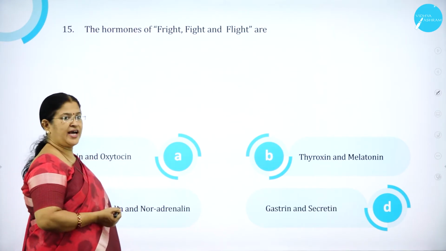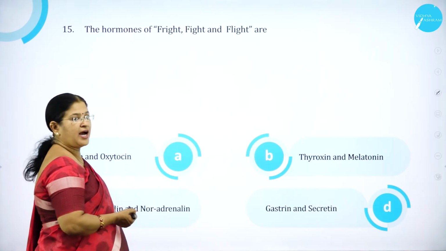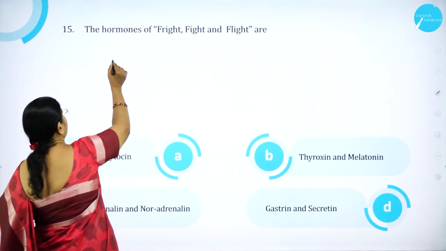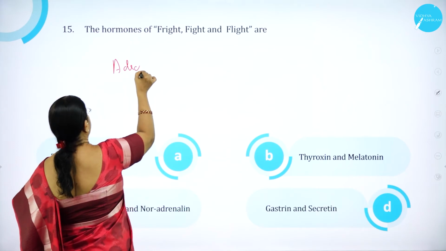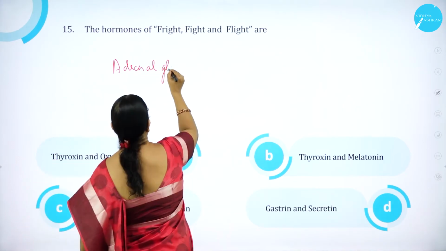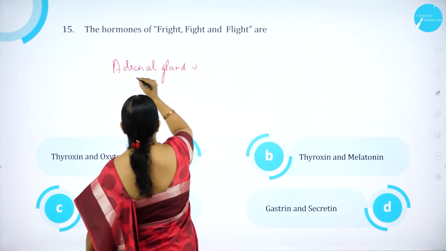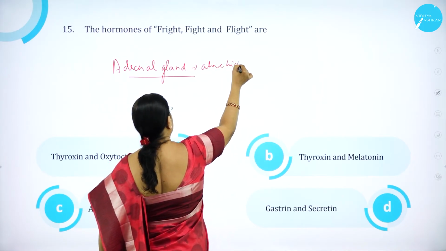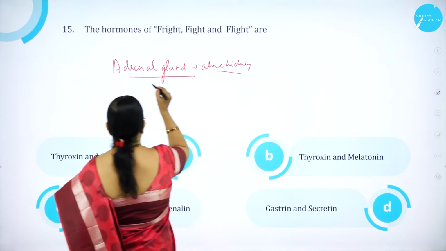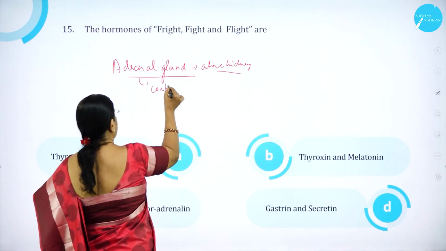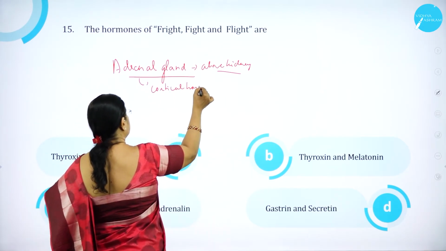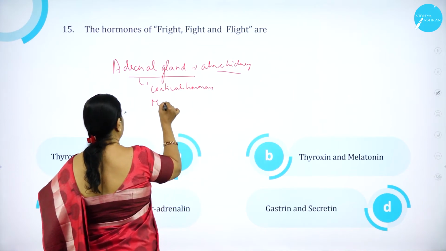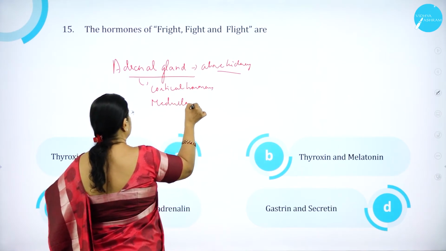The hormones of fright, flight and fight are... Hope you remember the adrenal gland. The adrenal gland, which is found above the kidney, produces two types: cortical hormones and medullary hormones.